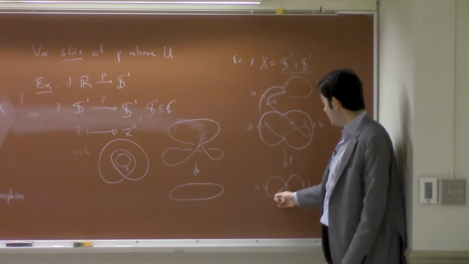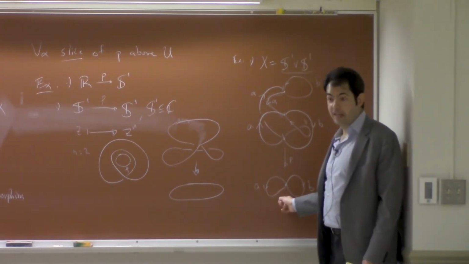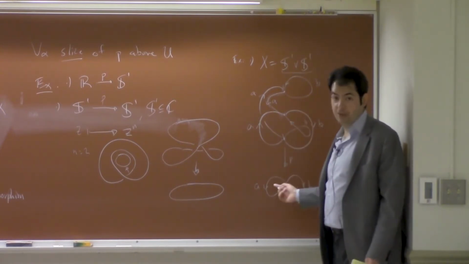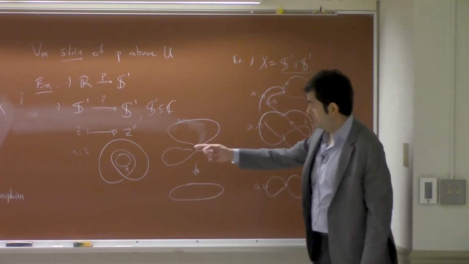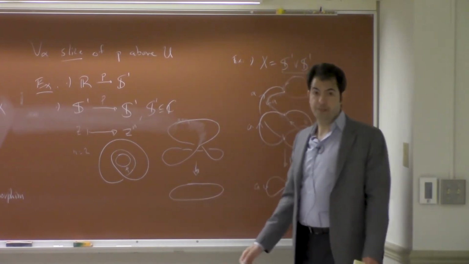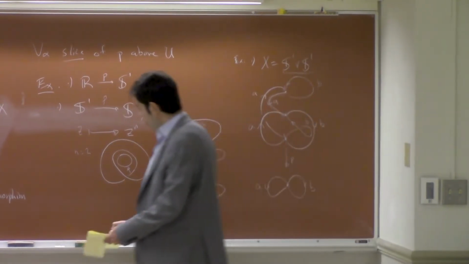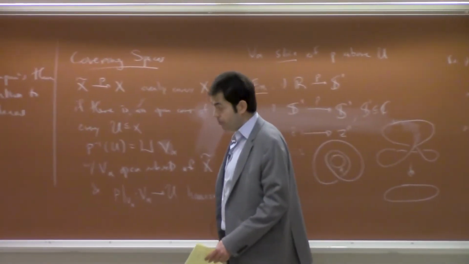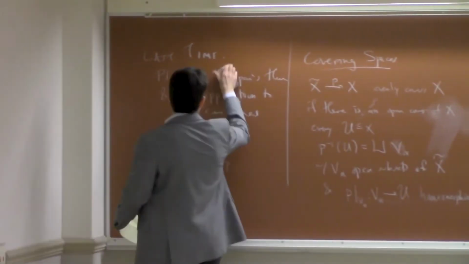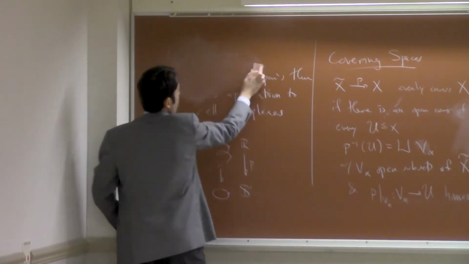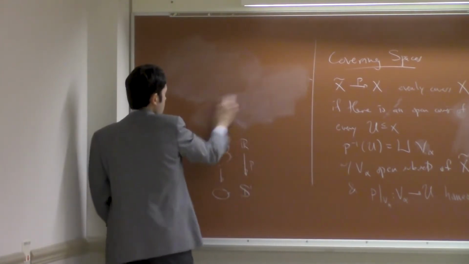And it's easy to see that because this is a graph, a cover is going to have to be a graph as well, because you have a local homeomorphism there. Okay, so those are some examples. If you look at the textbook, page 58 has a bunch of examples. So I encourage you to do that.